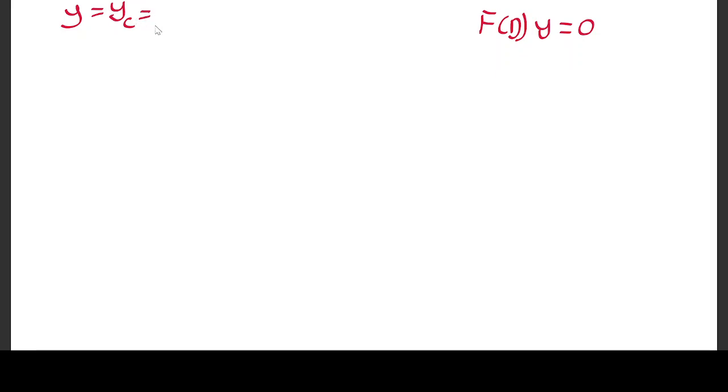We know the complementary function will be of the form c1y1 plus c2y2 plus so on plus cnyn, where the c's are constants and y1, y2, up to yn are linearly independent functions of x.